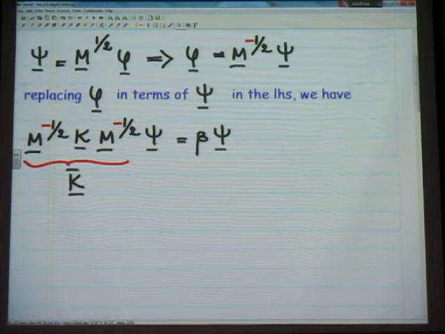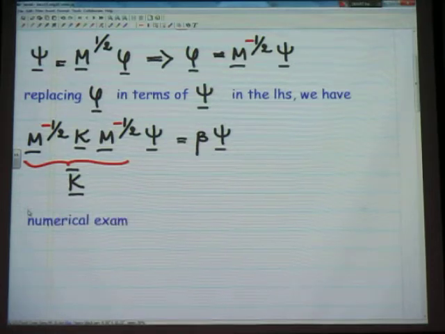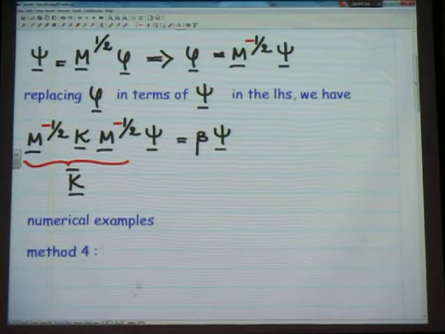Let's throw in some numerical example, because for many it would be more concrete to see the numbers. Let's look at method 4 first. That's a method that is not nice.